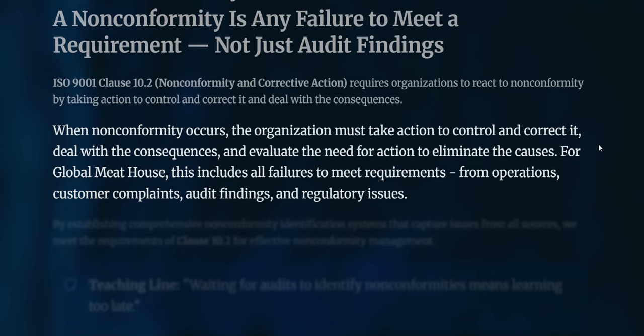When nonconformity occurs, the organizations must take actions to control and correct it, deal with the consequences, and evaluate the need for actions to eliminate the causes. For our case study, Global Meat House, this includes all failures to meet requirements from operations to customer complaints to audit findings and to regulatory issues.